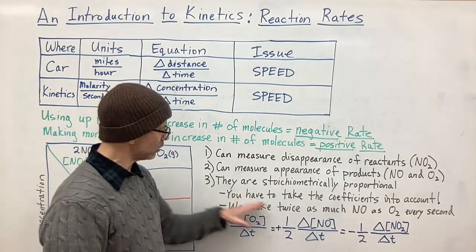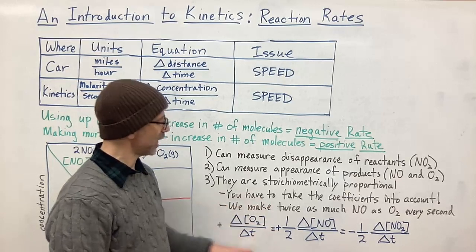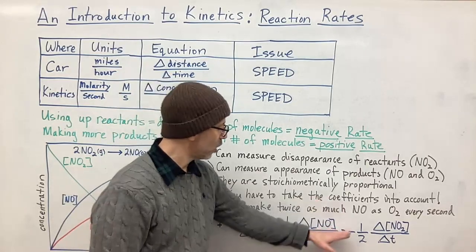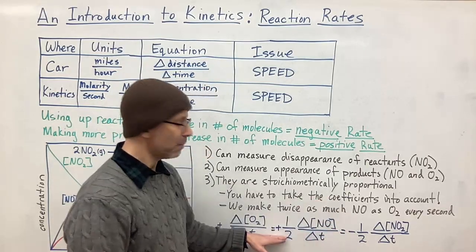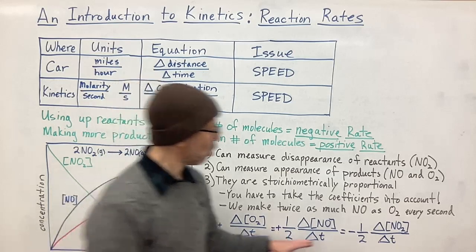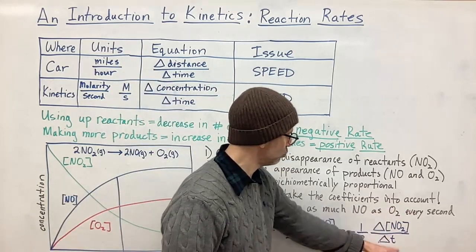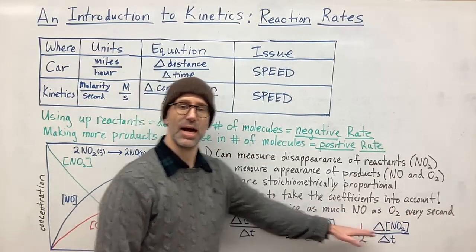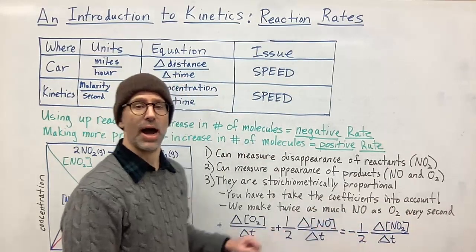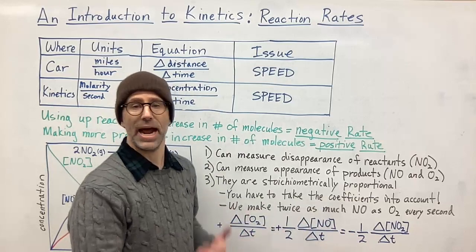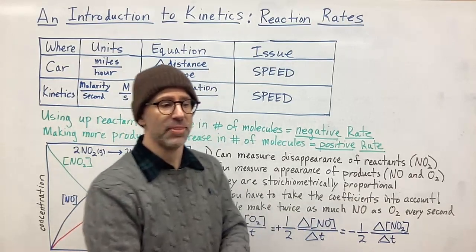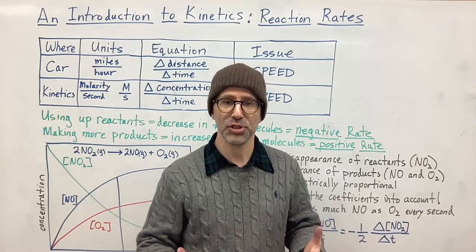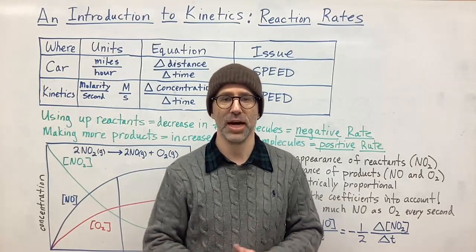So if I find the change in concentration of O2 over time, or the concentration of NO over time multiplied by 1/2, or the concentration of NO2 over time multiplied by negative 1/2, whatever concentration I use, I can get the same reaction rate. So let me go on and talk about average rates of change with respect to concentrations.